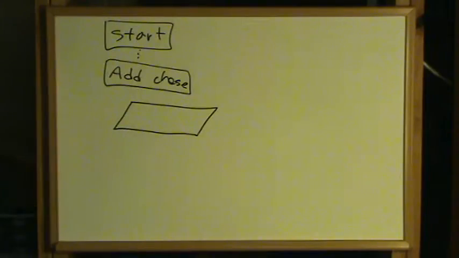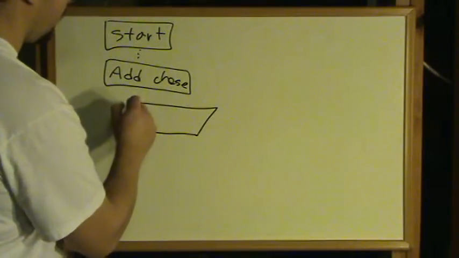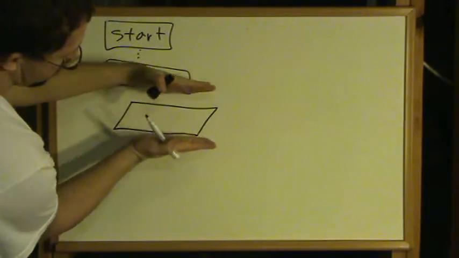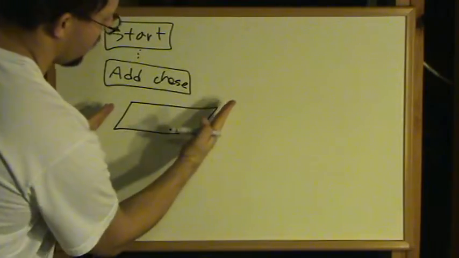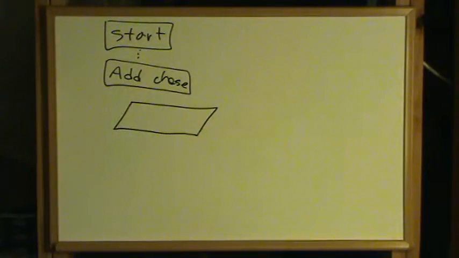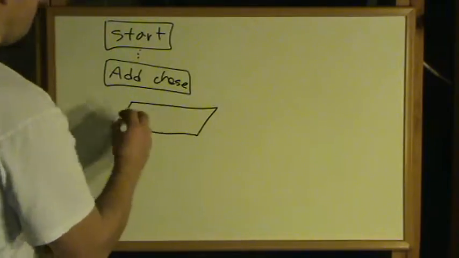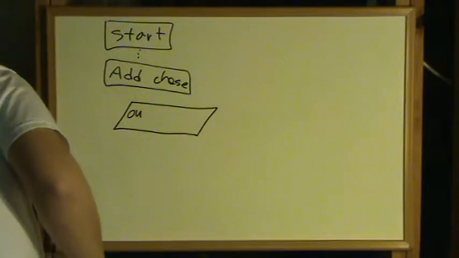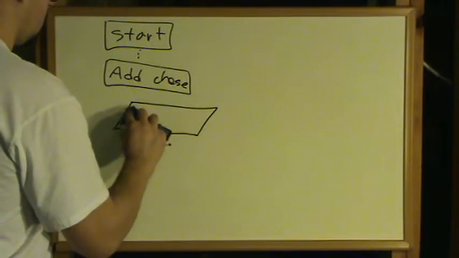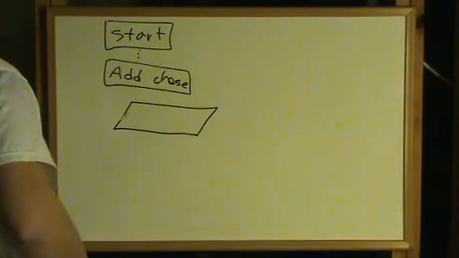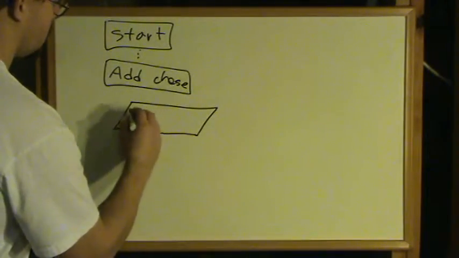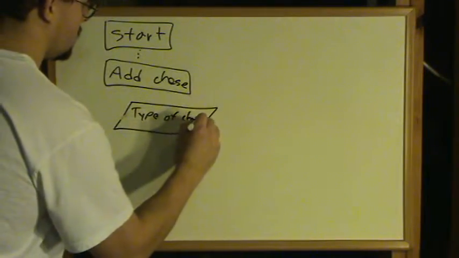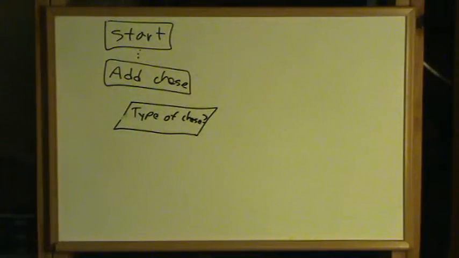This is called a parallelogram because it's a four-sided shape where the two longer sides are parallel and the two shorter sides are parallel, but they're not square. The angles are not square. And we can ask maybe the type of cheese. That's what we can ask the user.